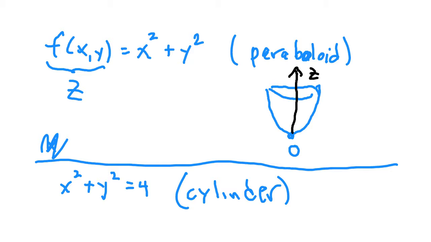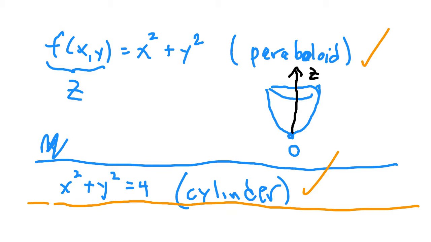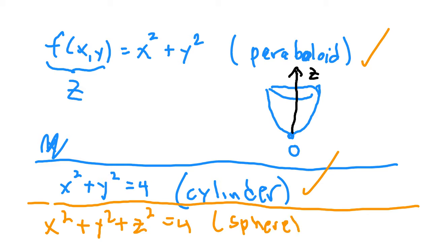So we want to be able to represent all different kinds of surfaces using an approach that will always work. Now the sphere, Yeva, you mentioned, a sphere centered at the origin with radius 2 would have an equation of x squared plus y squared plus z squared equals 4. But yet there's another type of surface.